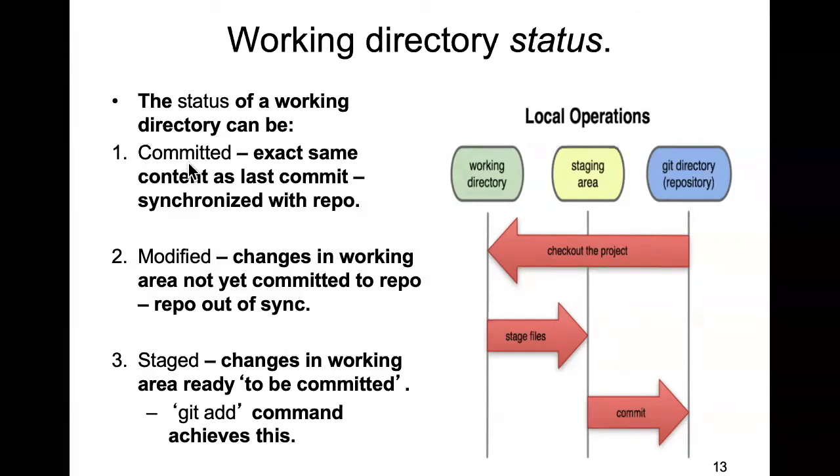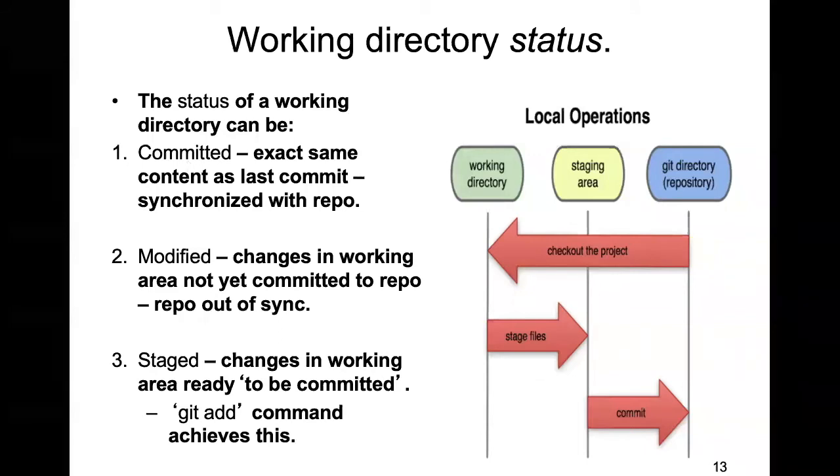What that means is you have made no changes to any files or folders since your most recent commit. Or to put it another way, the Git repository and your working directory are completely in sync. The Git repository has the most up-to-date version of your working directory.